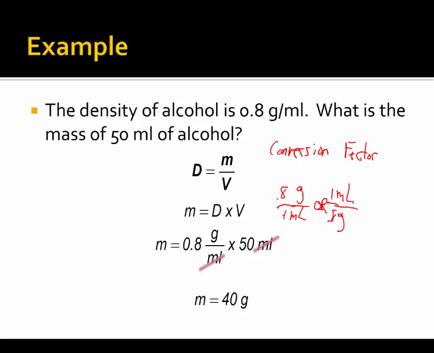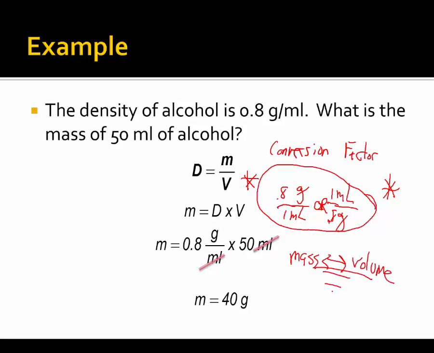Because it's technically per milliliter. So now I can use this as a conversion factor either way to cancel out units. So there it is. This is the main idea here for density. We can use it to convert between mass and volume. That's super important.